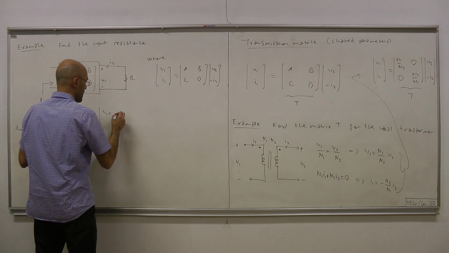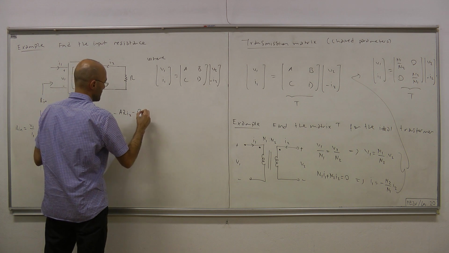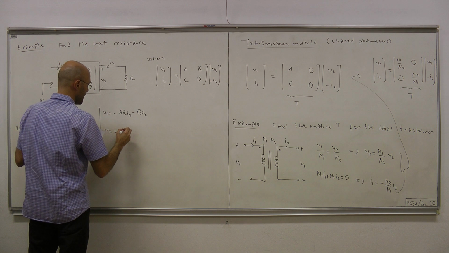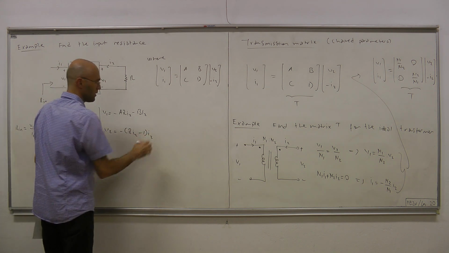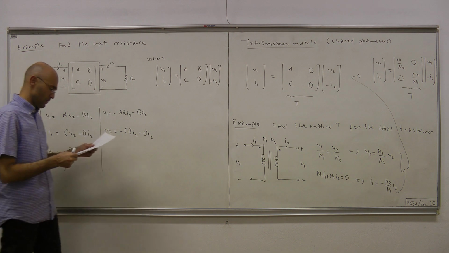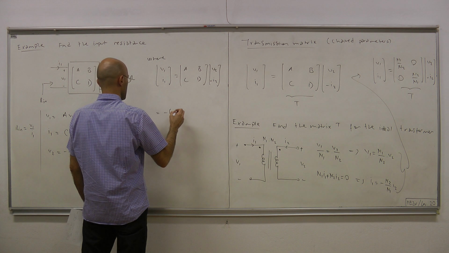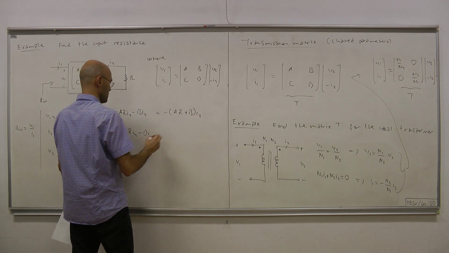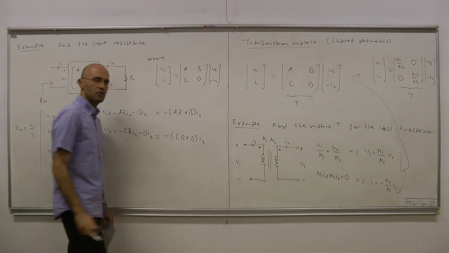V1 equals minus A R I2 minus B I2, and V2 equals minus C R I2 minus D I2. So that equals minus (AR plus B) I2, and this equals minus (CR plus D) I2.